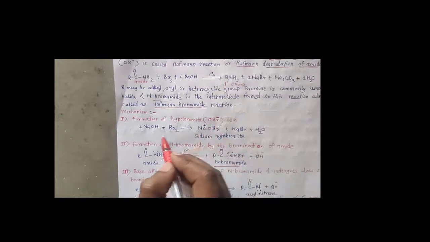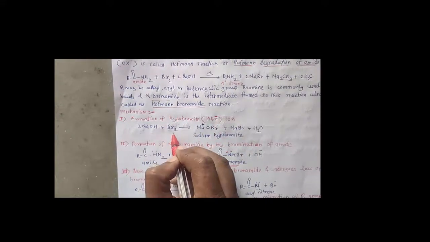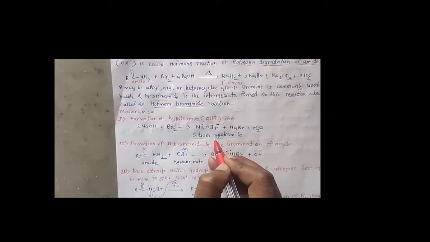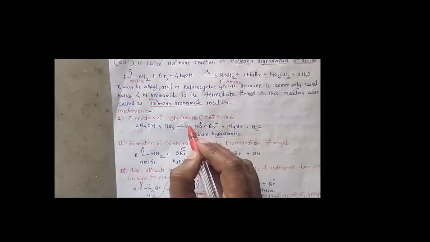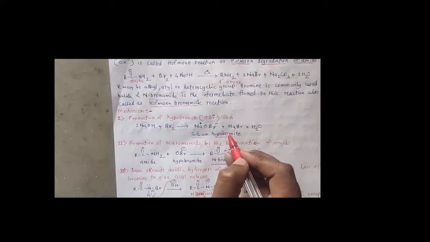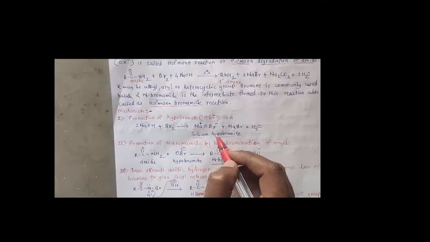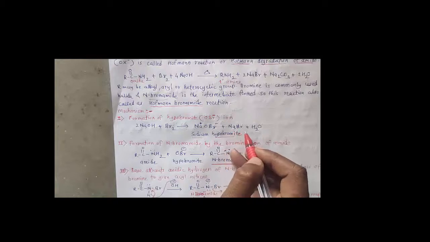When two molecules of NaOH and one molecule of bromine react, it forms sodium hypobromite, NaOBr, which dissociates as Na plus and OBr minus, with formation of NaBr and H2O.